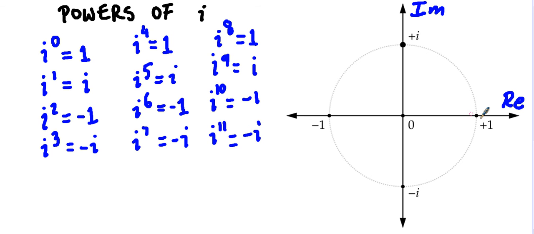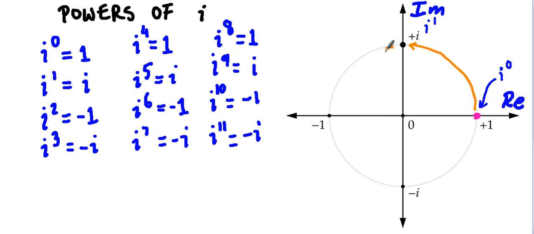If we start at +1, let this be our first starting point, this would be i to the power of 0. And then we start making quarter turns on a circle, so we go this way until we get to the first stop, that would be our i to the first power, which is positive i.